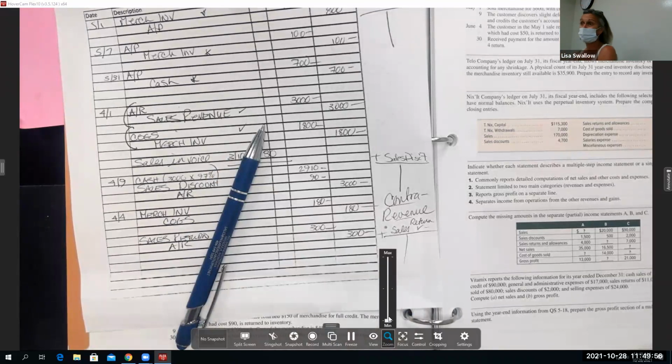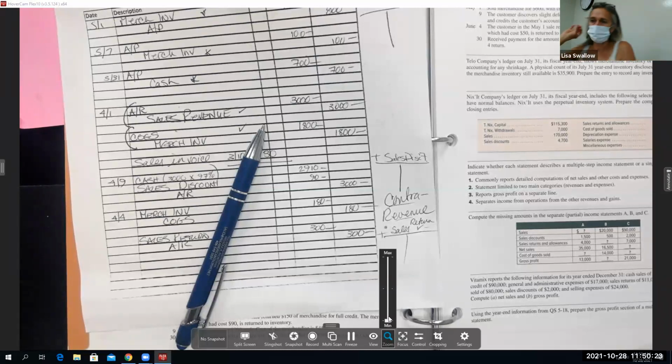When we have a sales return, how many journal entries do we make? 2. When you pay or have a sales discount, how many journal entries do we make? That's just, well, there are 3 accounts, but 1 journal entry. Are you with me?